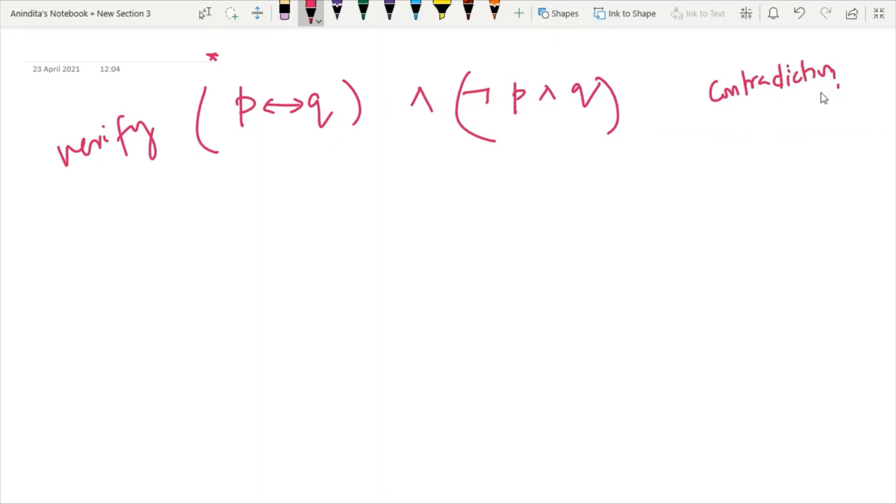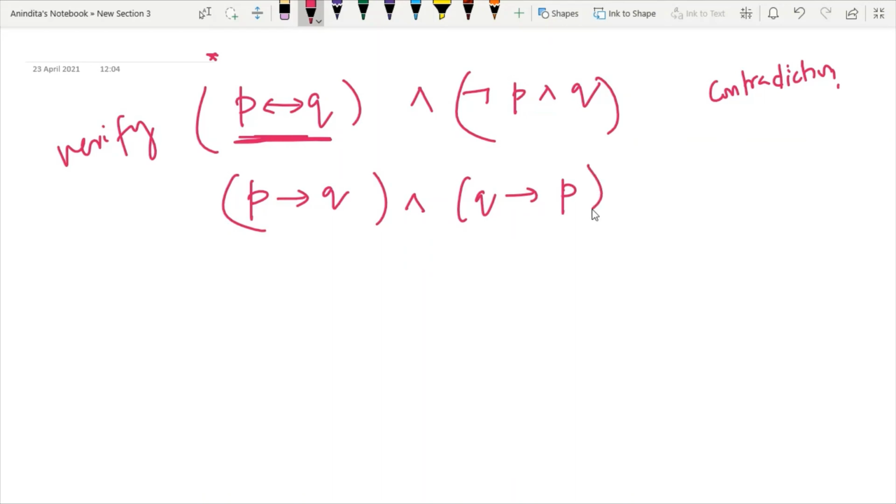At that point of time, what will you do? You can either use a truth table, or I have one shortcut for it. In the beginning of the class, I discussed that P double implies Q can be represented as P implies Q and Q implies P. We know that.